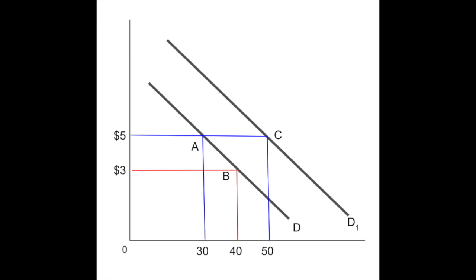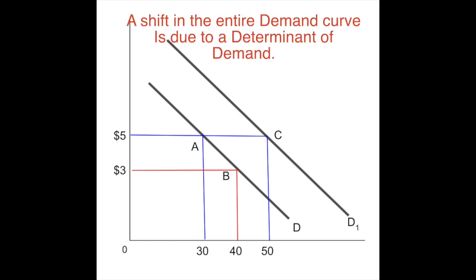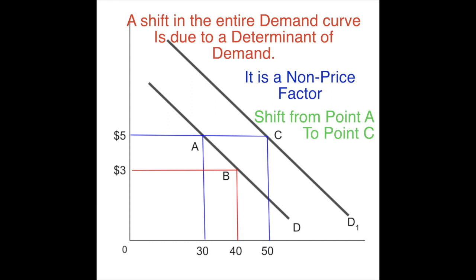If there's a determinant of demand, something that is a non-price factor that comes in, that's going to be a movement and a change in the entire curve. And that's a change in demand. So whenever you have a shift to the left or to the right, that means that there's been a non-price factor for that particular product. And that is caused by a non-price factor, one of the determinants of demand of CCMIP.